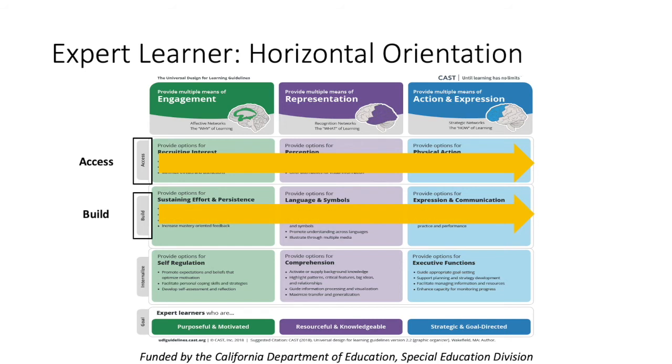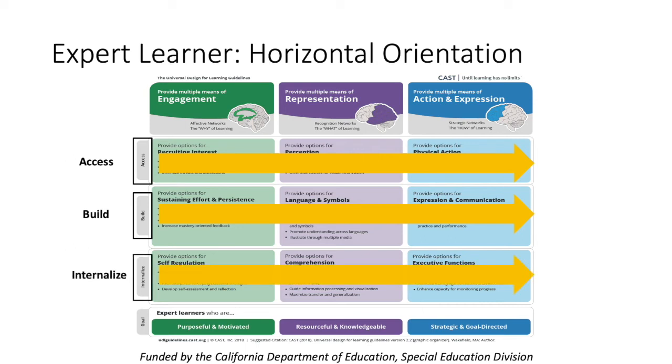Next, across the Build row of the guidance, the focus is on assisting and partnering with students in building skills, similar to gradual release of responsibility. By providing students with ways to learn how to sustain effort and persistence, how to understand the language and the symbols, and how to explore different ways to express and communicate what they know.